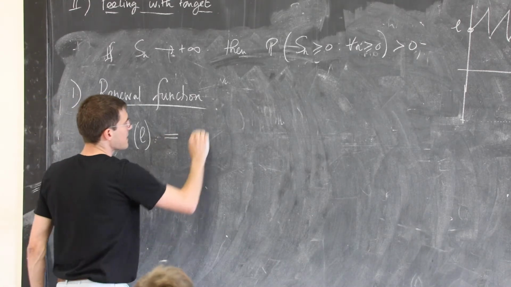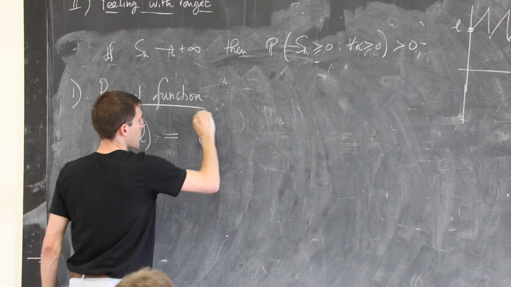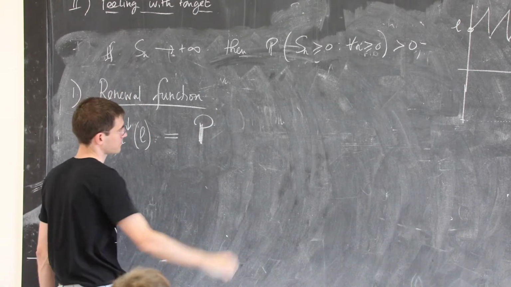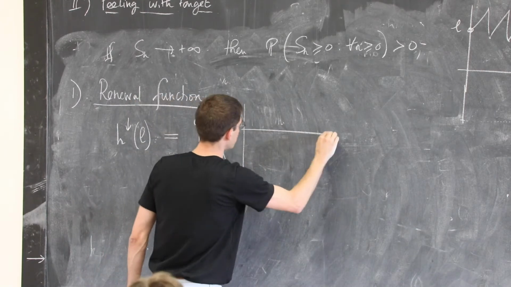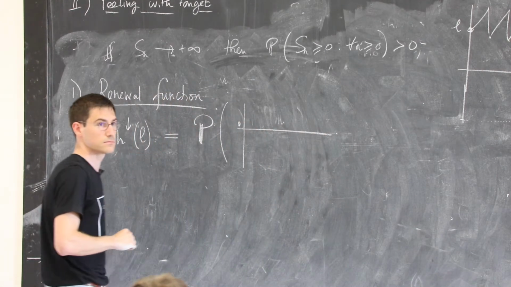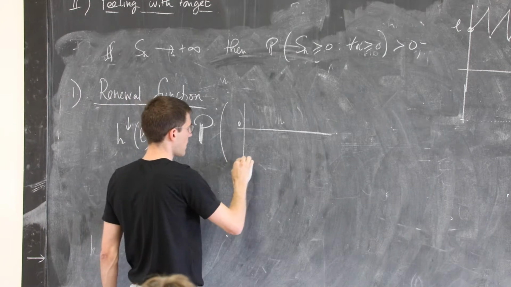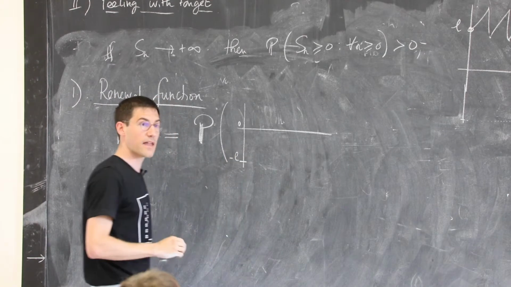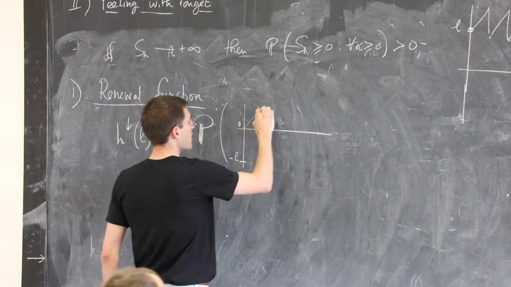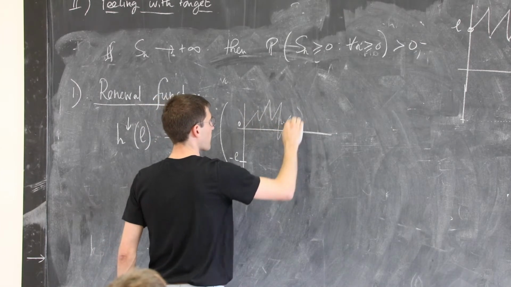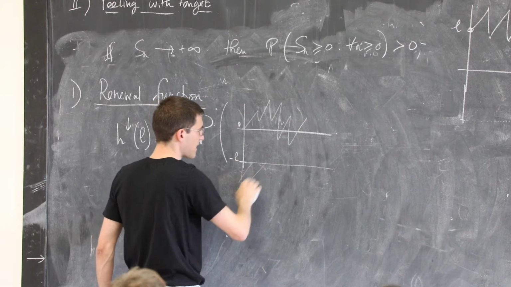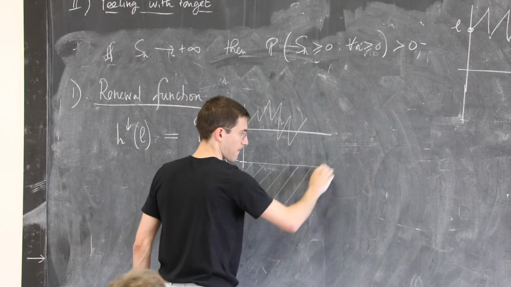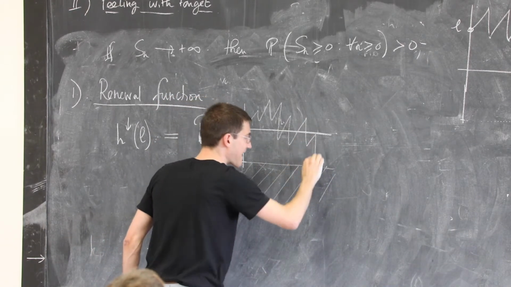That's the probability that my walk, when I started from 0, here you've got minus L, when my walk does something like this, the first time it enters this part, it enters it exactly here.